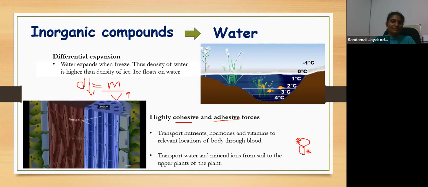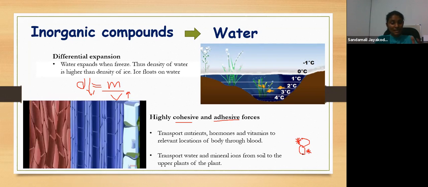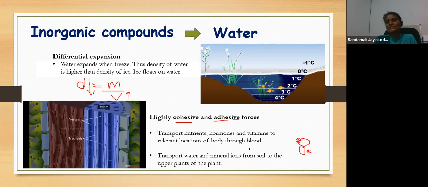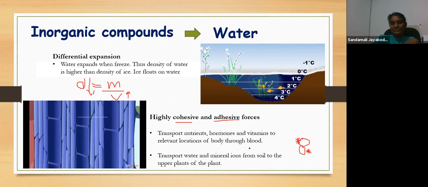There is an interaction between them. Different nutrients, hormones, vitamins can interact and adhere to them. So they can be easily transported anywhere through blood in our body, or by water in a plant body.